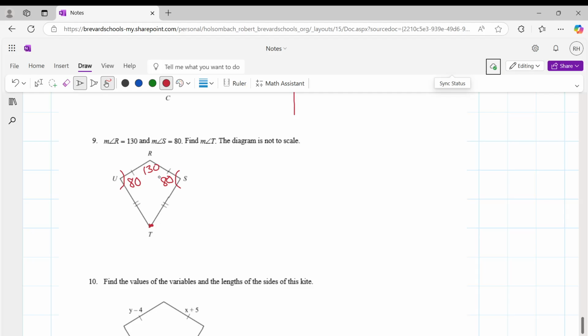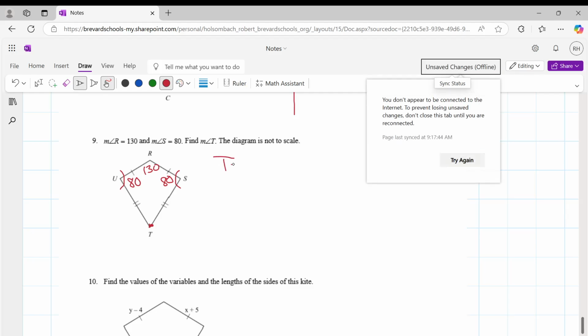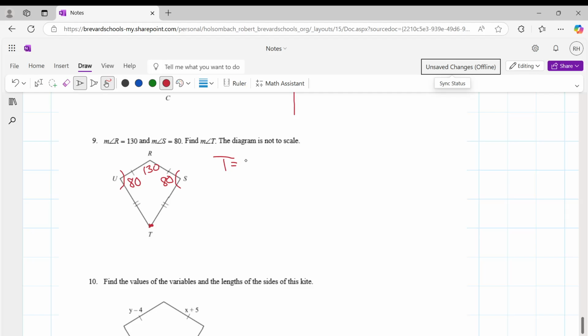The sum of the interior angles of a quadrilateral is 360. So we can say that T is equal to 360 minus an 80, a 130, and another 80.